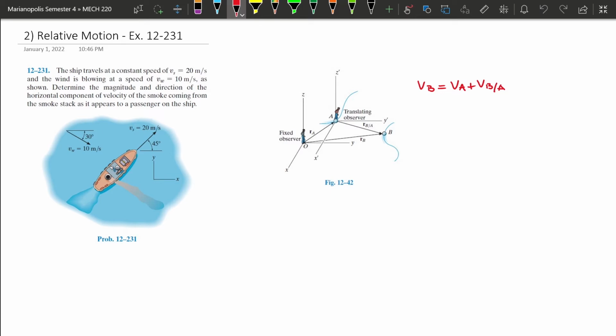That makes sense because if you're looking at A over here and O over here, the vector from O to B is VB.